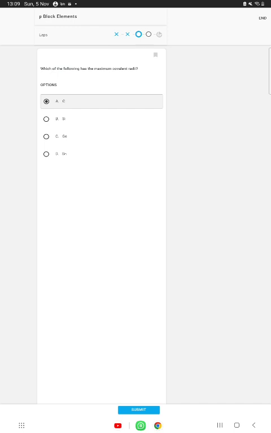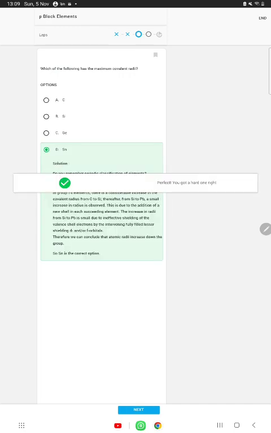Which has the maximum covalent radii? So Sn it can be student. So this becomes the correct one.